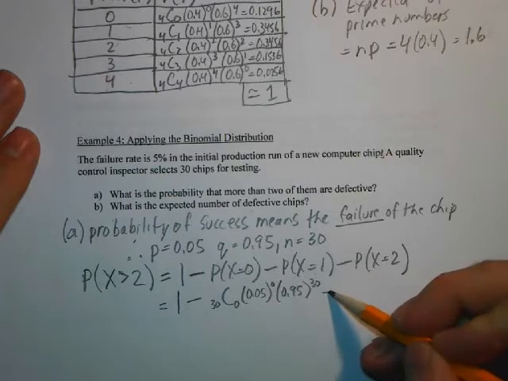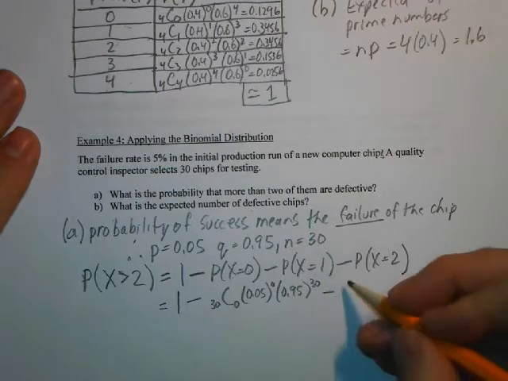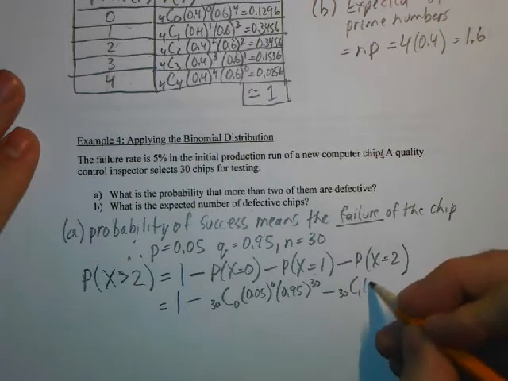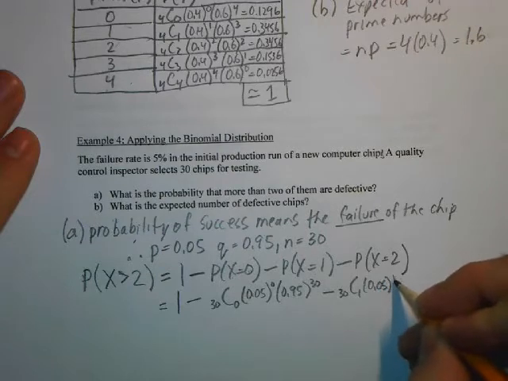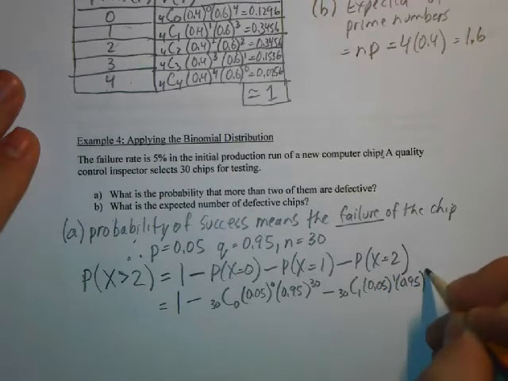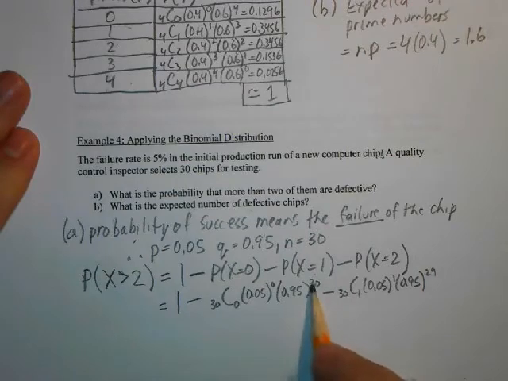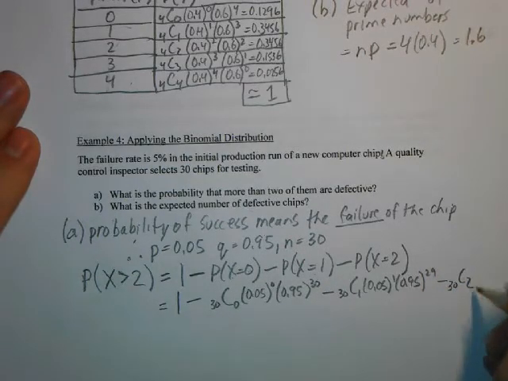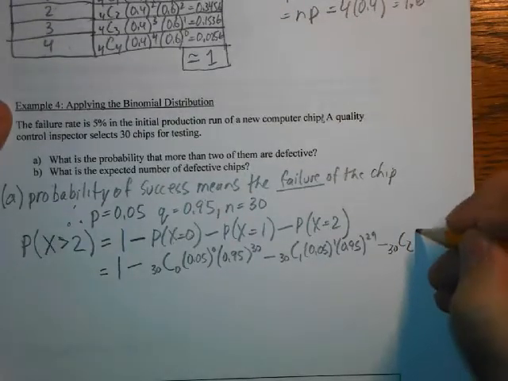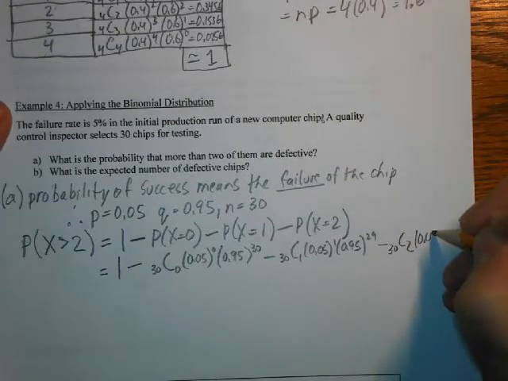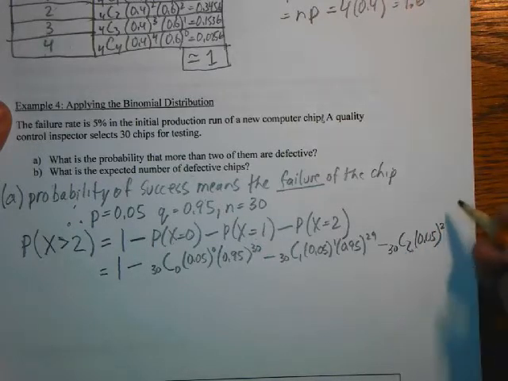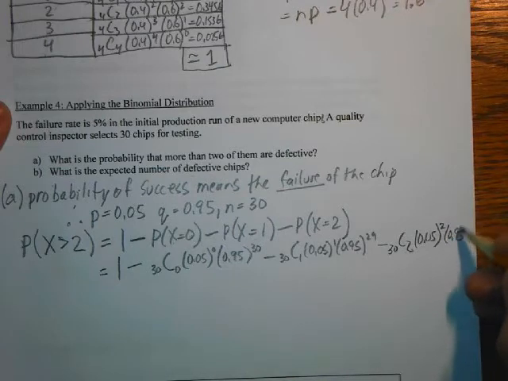And then we do this 2 more times for 1 and 2. So this is now 30 choose 1, 0.05 to the 1, 0.95 to the 29. Remember, this goes down. And then our last one, 30 choose 2, 0.05 to the power 2, because it's whatever that r value is, 0.95 to the power 28.